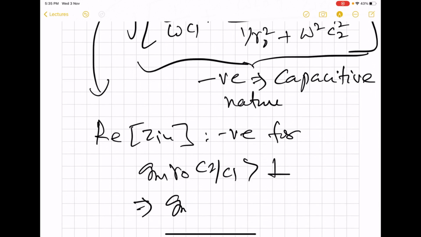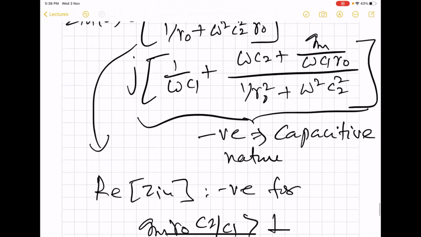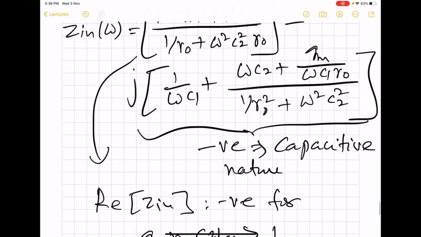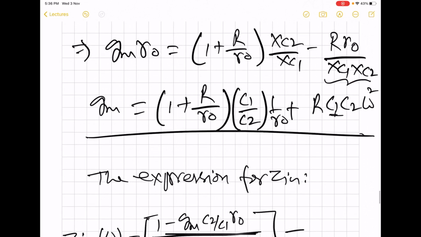So this implies GM R0 greater than C1 by C2. So we had seen that this is the intrinsic gain of the MOS. So if it is greater than C1 by C2, this is going to be negative, and then only there will be oscillation. And it is not difficult to see that that is the case.